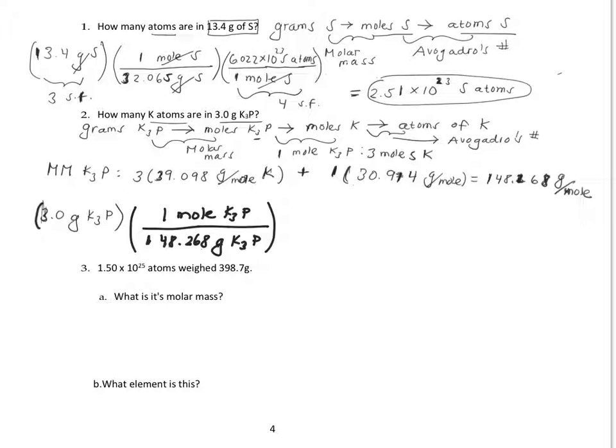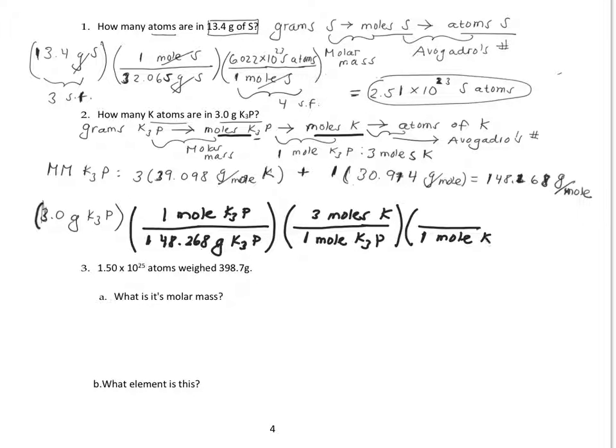And then our next step, now that we've converted to moles of K3P, we're going to get to moles of K. And we know that for every 1 mole of K3P, we have 3 moles of K. And now we're going to use Avogadro's number to get to the number of atoms of K. So every 1 mole of K, we have 6.022 times 10 to the 23rd K atoms.